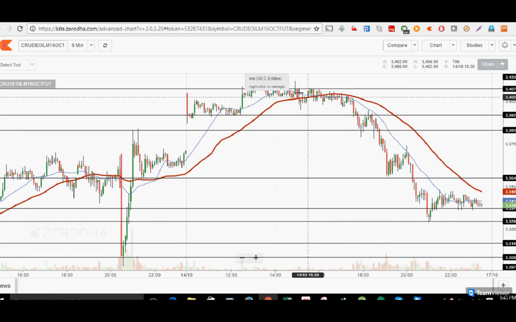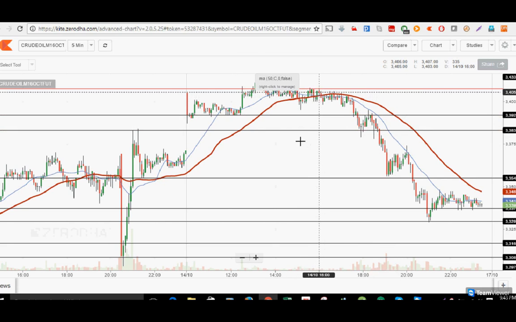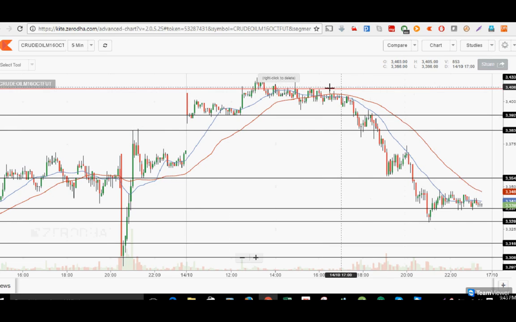So yesterday I took a 3400 short here at around 4 o'clock in the evening. Although here, the black horizontal lines, support and resistance, will also give us some idea whether to go or not. It gives some opportunities as well.